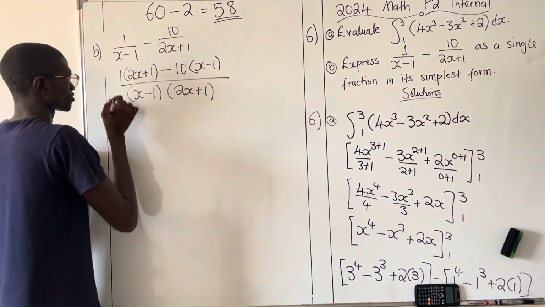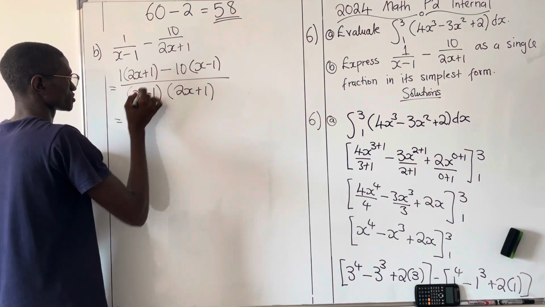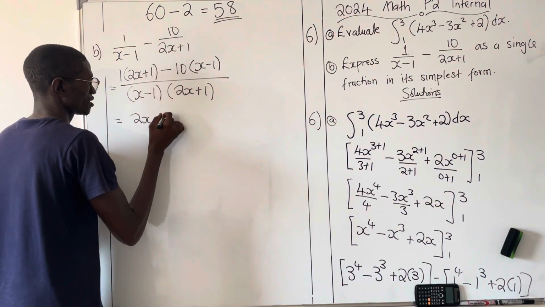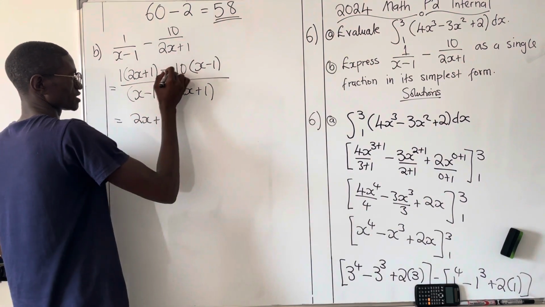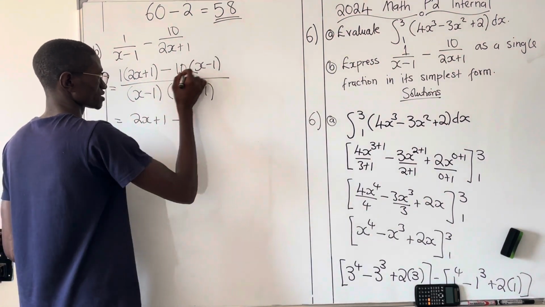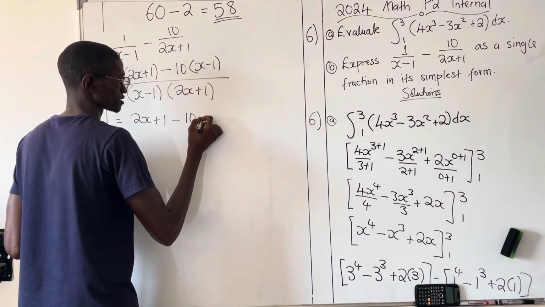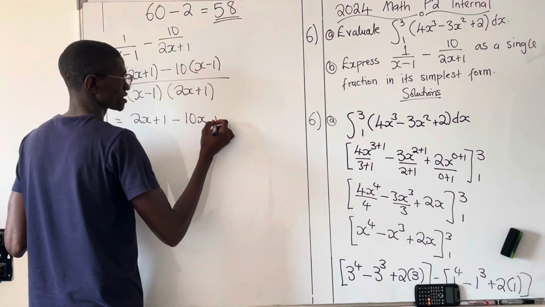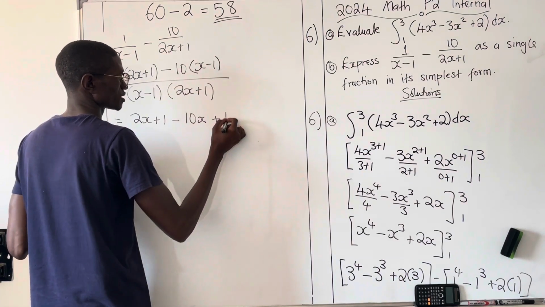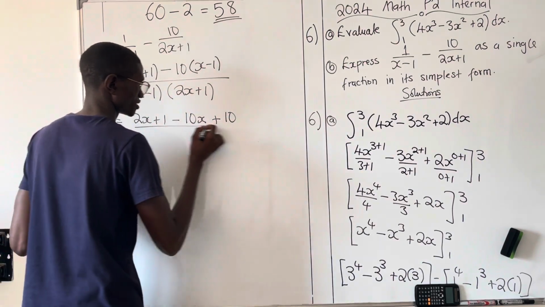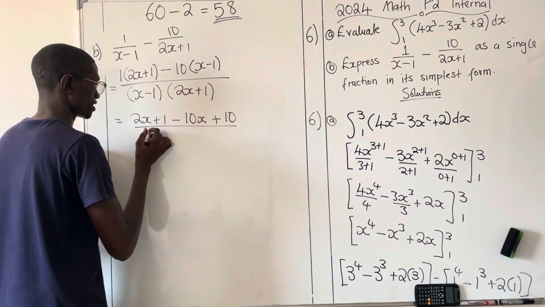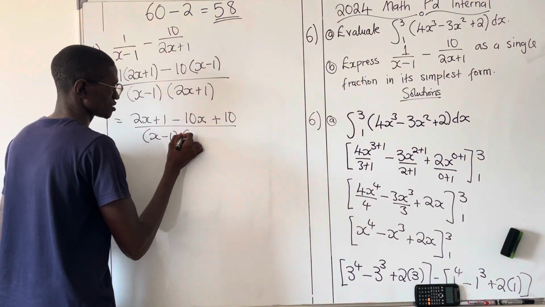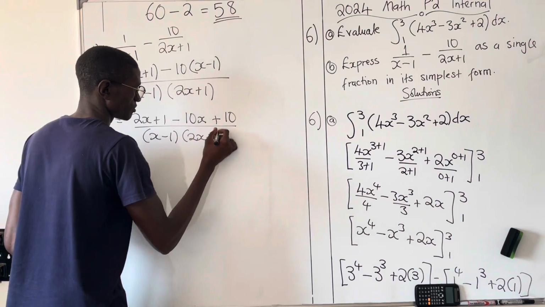And then you can go ahead and expand. 1 times everything there, I won't change anything, we just have that. And then we say negative times positive there is negative. 10 times x, 10x. Negative times negative there, it's positive. 10 times 1 gives us a 10. Then everything over the same there: x minus 1, 2x plus 1.